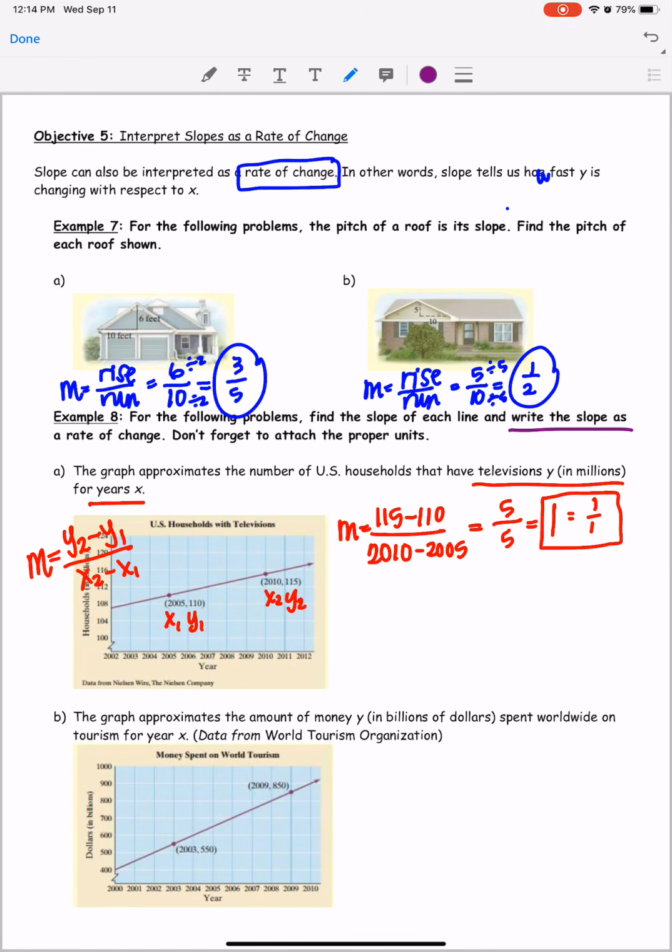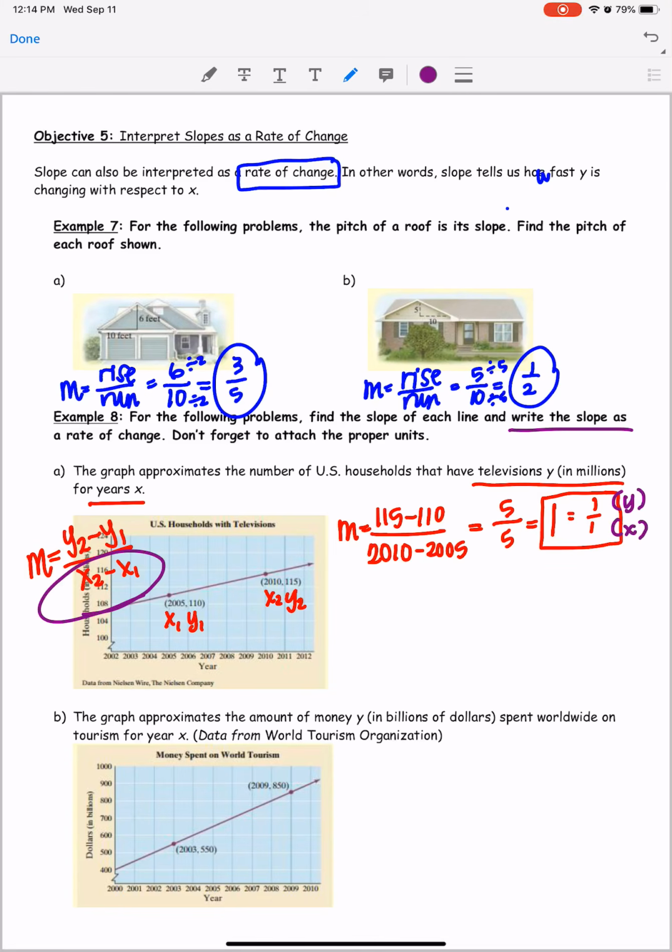So because this is y on top and x on bottom, when we put these proper units with it, my y represented millions.